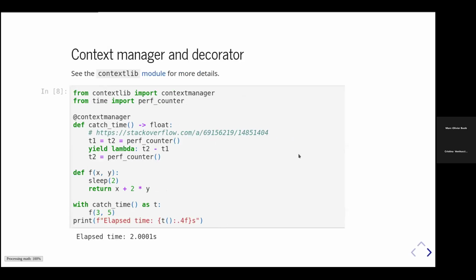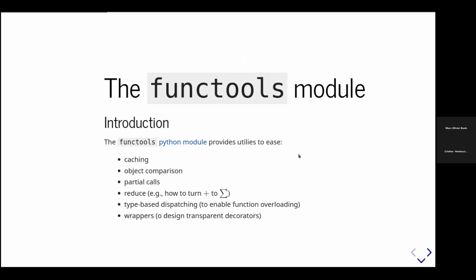Okay. So now we have ended the introduction. We enter the topic of today: the functools module. Sorry, there is a typo, it should say utilities. The functools module provides several utilities for caching, object comparison, typically when you want to sort some elements, and partial calls, which I will explain. Reduce: this is when you want to apply an operator across an iterable.